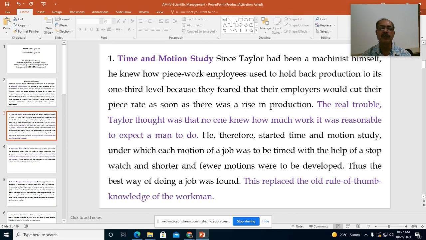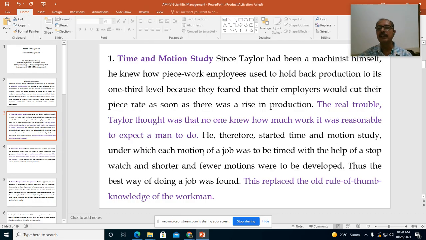The area he focused on was the time and motion study. As I told you, he himself was a machinist, so he tried to understand how the work can be performed, that means standardization can be done. So he tried to find the best way of performing a particular job. The problem he identified was that employees were paid on the basis of piecework.